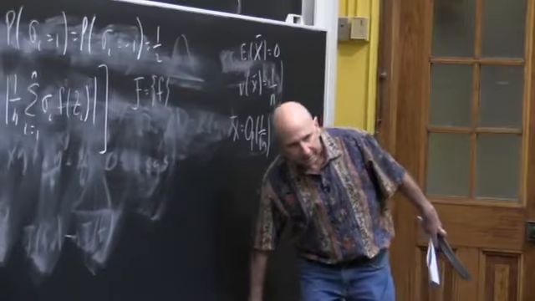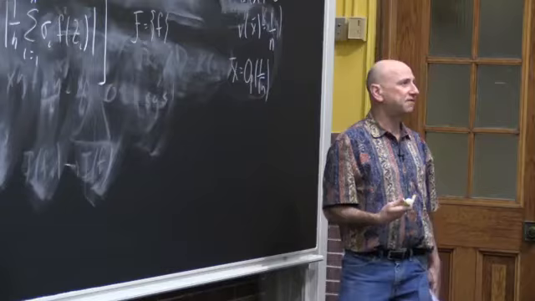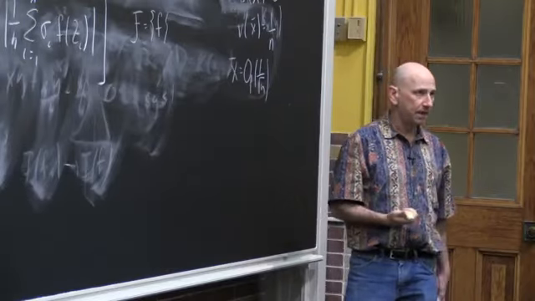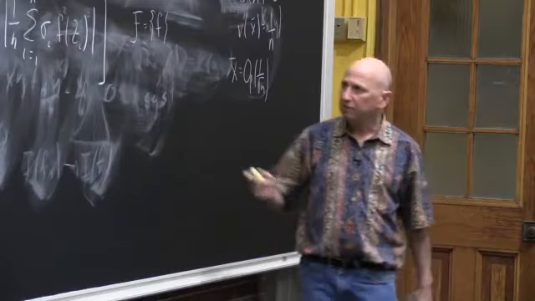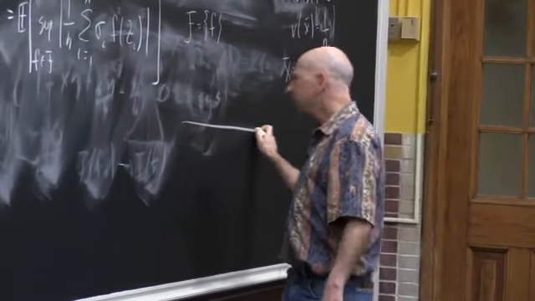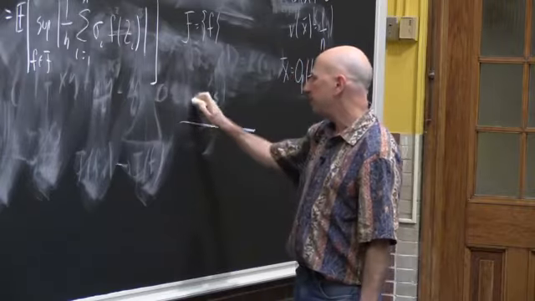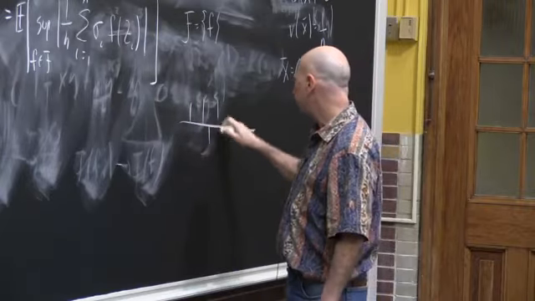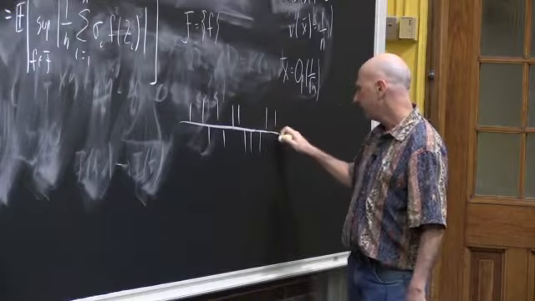However, let me now try to give you the intuition of why, if f is a very complex set of functions, this is not going to be small. Think of f as having lots of wiggly functions in it, for example. If you think about your sigmas, they're +1 and -1, and they're random. So maybe I get +1, +1, -1, +1, -1, +1, +1, -1, who knows what it looks like.